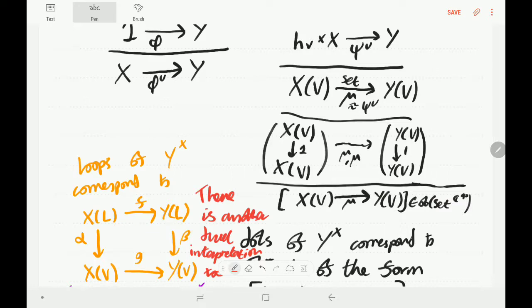So what I'm basically saying is that the set map just corresponds to an object of our category. So that's interesting. The dots of y to the x correspond to objects which are arrows from the vertex set of x to the vertex set of y. Okay.